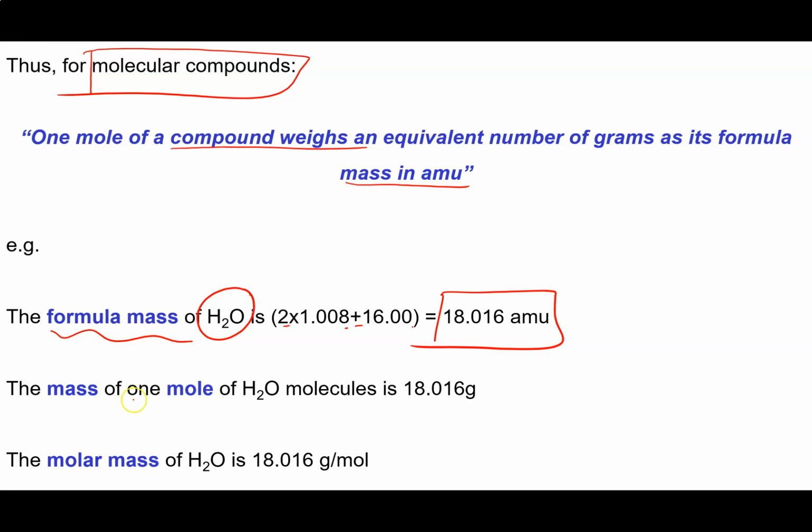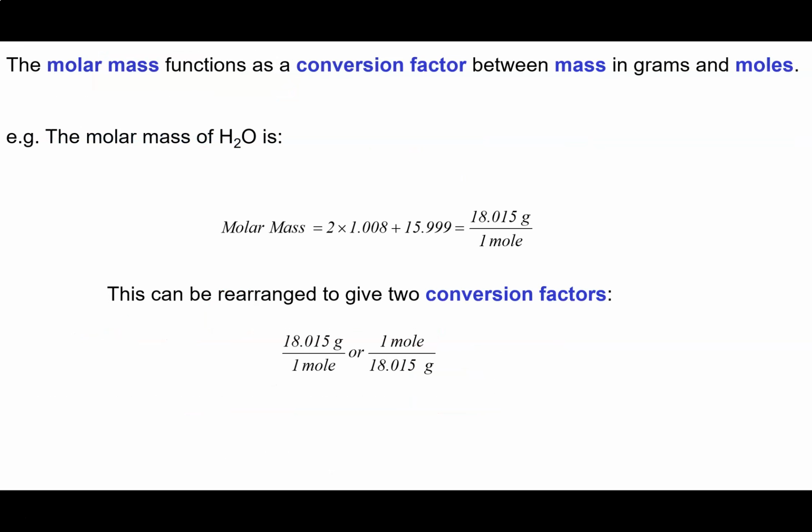Therefore, a mole of water molecules is going to weigh 18.016 grams, or alternatively, I could say that the molar mass of water is 18.016 grams per mole, however I want to say it. They're all equivalent things.